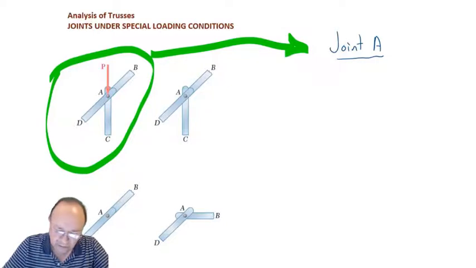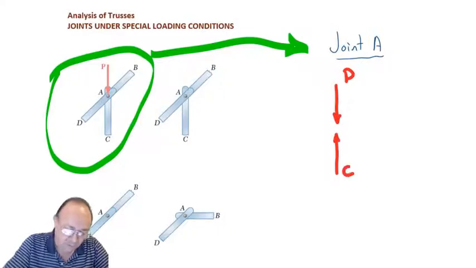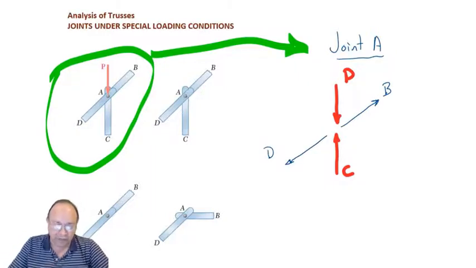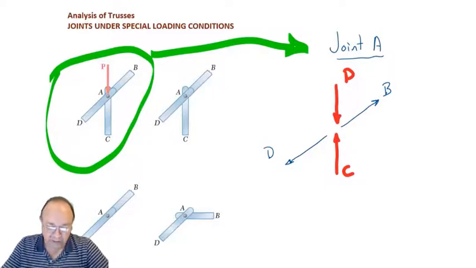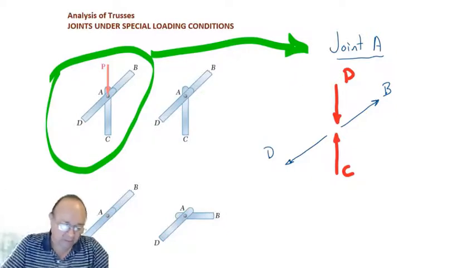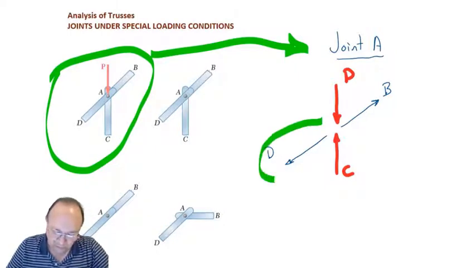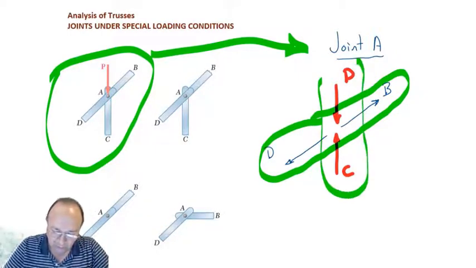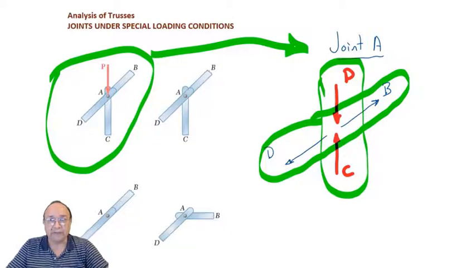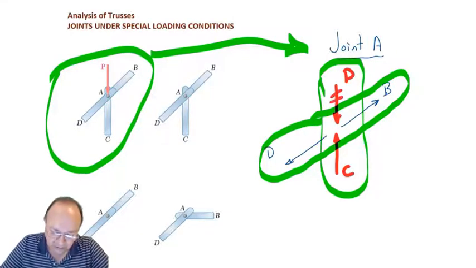We have one load coming down, P, another load here, C, let's say another load here, B, and another load here, D. If you have a joint under these conditions, which is that they have four loads and they are collinear in pairs, like these two are collinear and these two are collinear, we can affirm that the ones that are collinear have the same magnitude and opposite direction, meaning P equals C and D equals B.